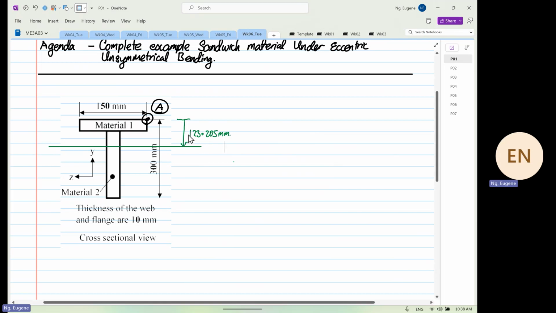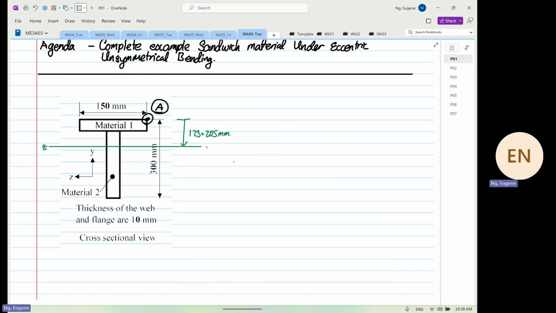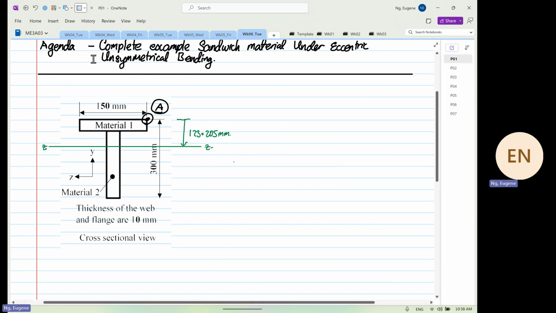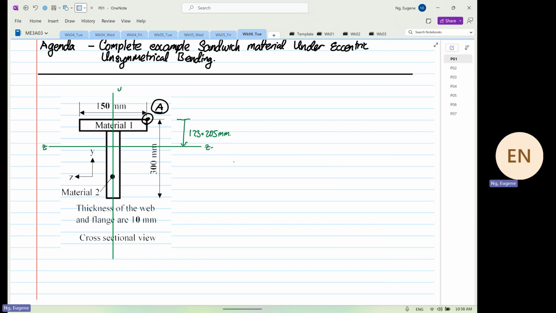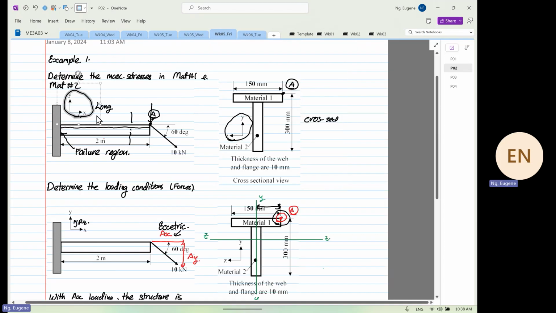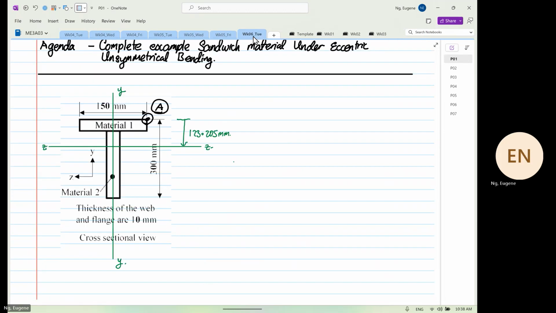And this is on the ZZ axis. And then we have another position of our centroid. This is about our YY axis. I'm going to also take the image from the cross-sectional view.